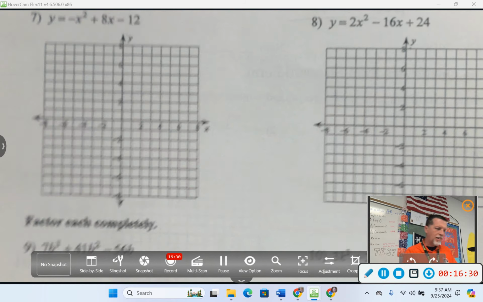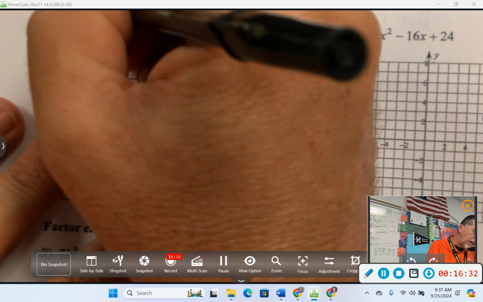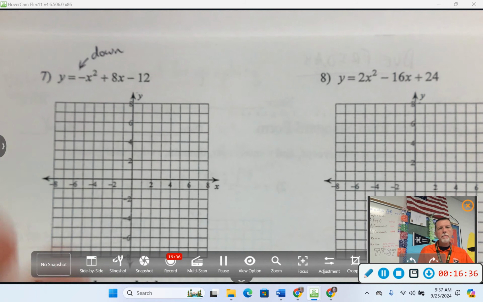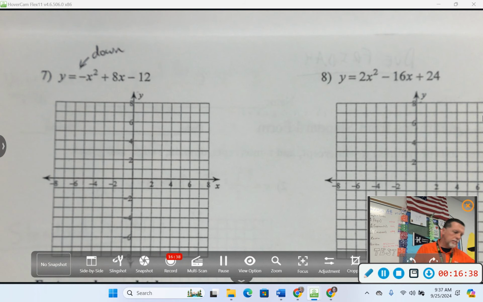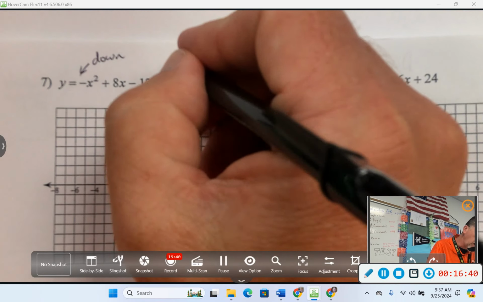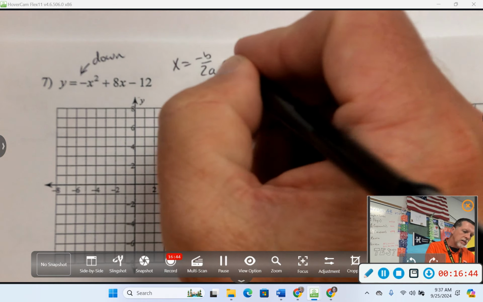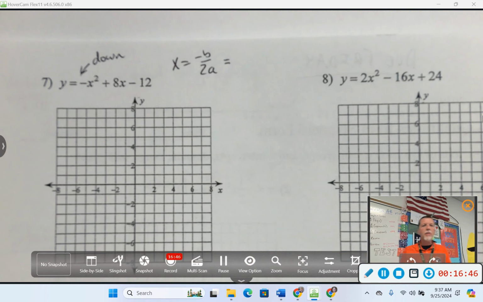It's negative. So I know it's going to be going down. Let's see. So x equals negative b over 2a. All right, why don't you see if you can find the vertex. So find the x-coordinate, and then plug it in to find the y-coordinate.